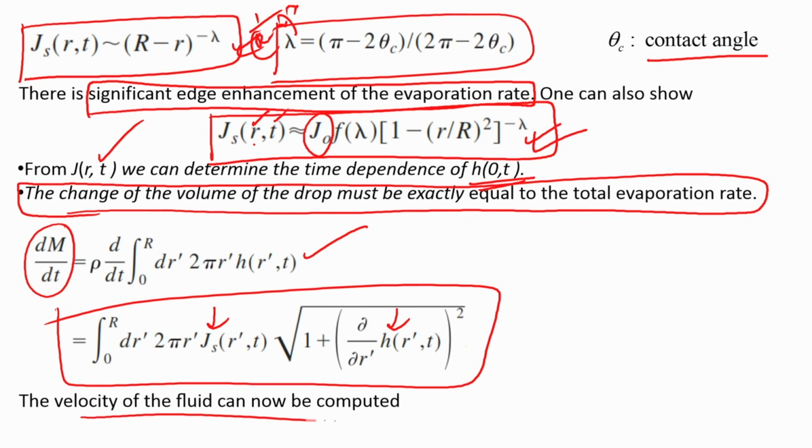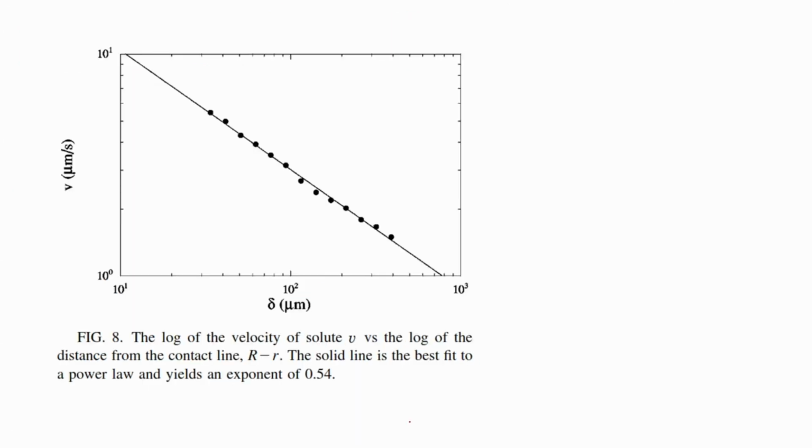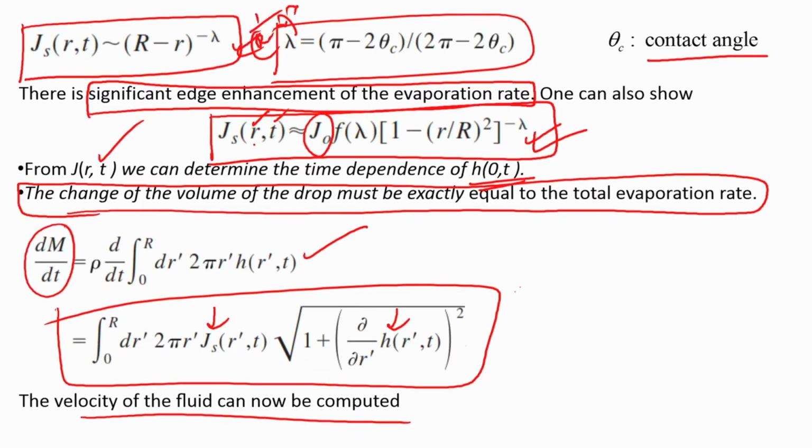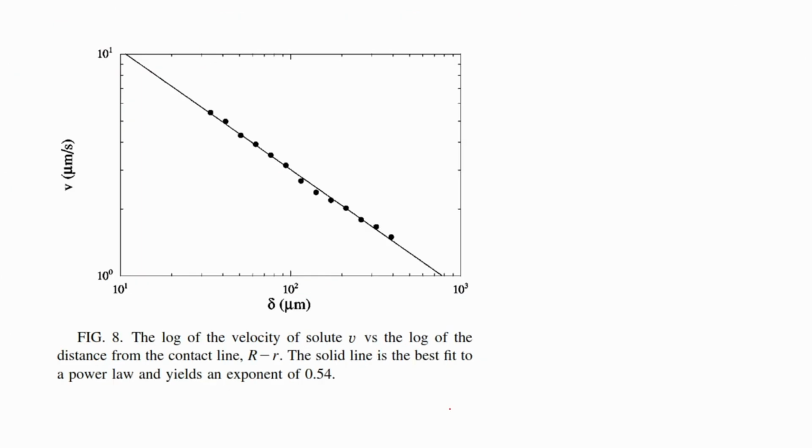The velocity of the fluid can now be computed using the values of J_s and h. Deegan showed that this is the velocity: this is the log of the velocity of the solute, that is the particles in this case, versus the distance from the interface, R minus small r.